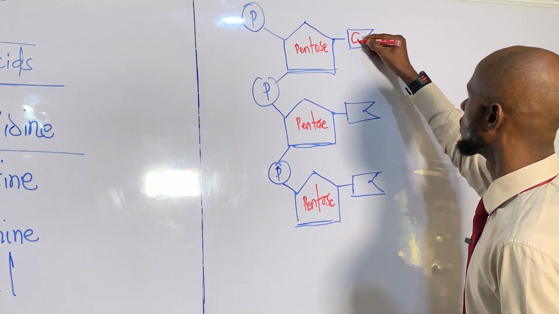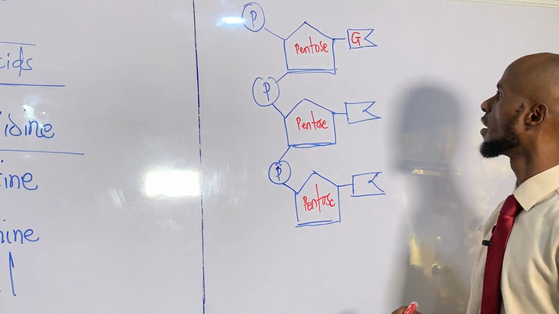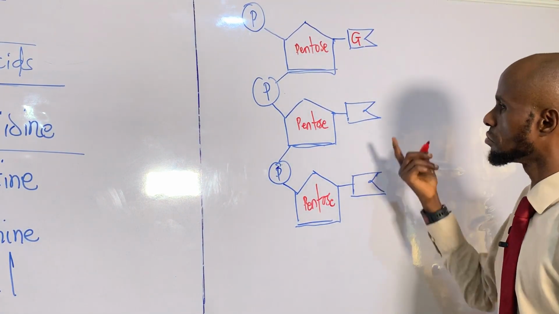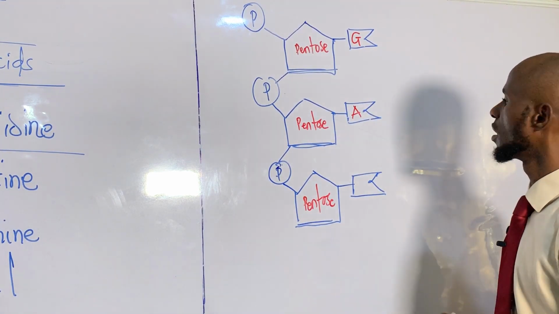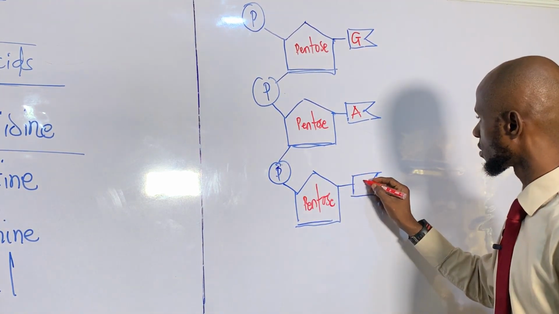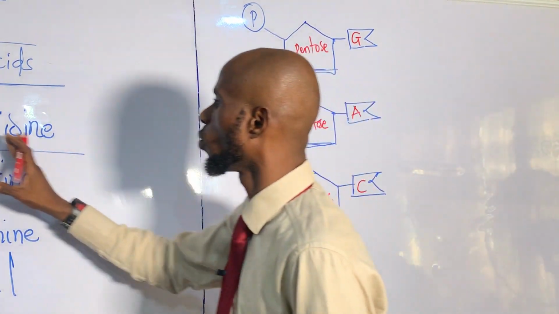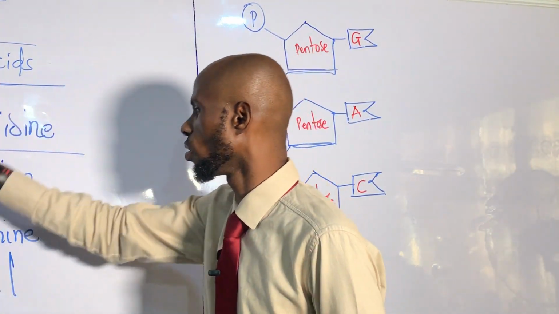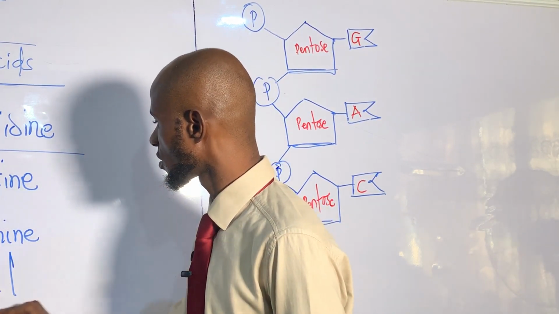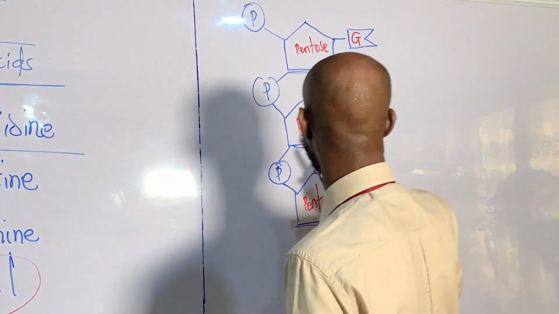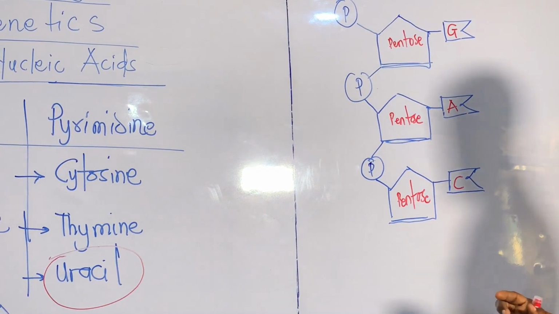So I'm going to have G here. Okay, let me go with adenine again, and let me have cytosine. I can pick any one of these. The only one I cannot pick is uracil. Uracil is not found in the DNA.